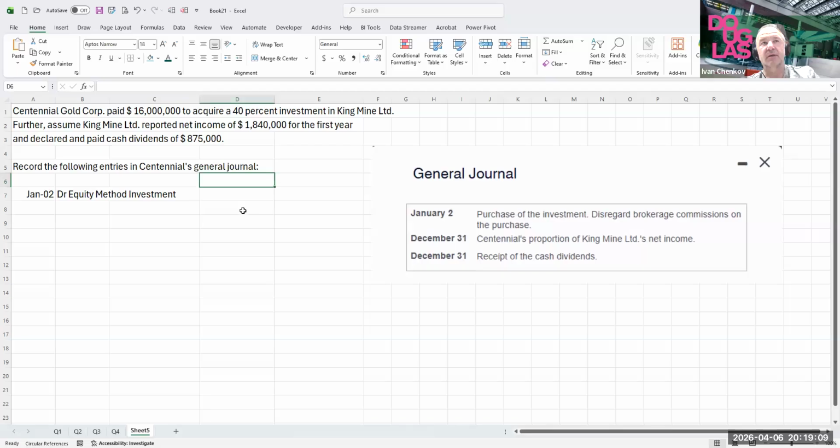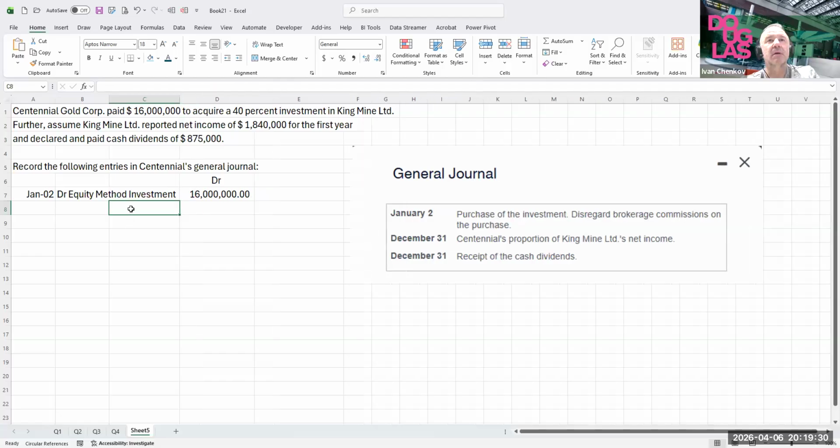If using the equity method, we're going to use the equity method investment. We're going to debit that account with $16 million. And we're going to credit. Which account are we going to credit? Come on, people. Which account are we going to credit?